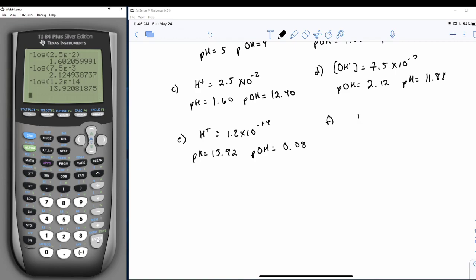Last question, H plus is equal to 6.0 molar. So then this is just negative log of 6. And you are technically allowed to have negative pHs. They're not usually common, but the scale does go in both directions quite extensively. But for most common household items, 0 to 14 is sufficient for the range.